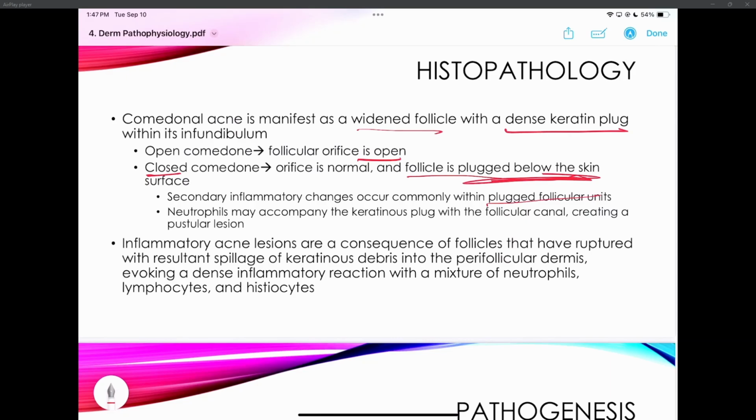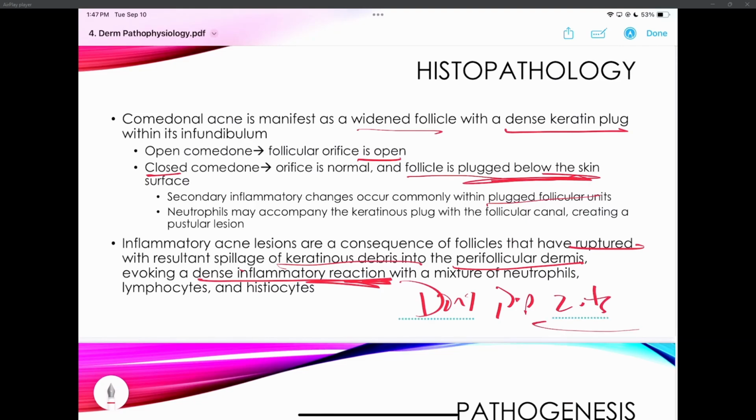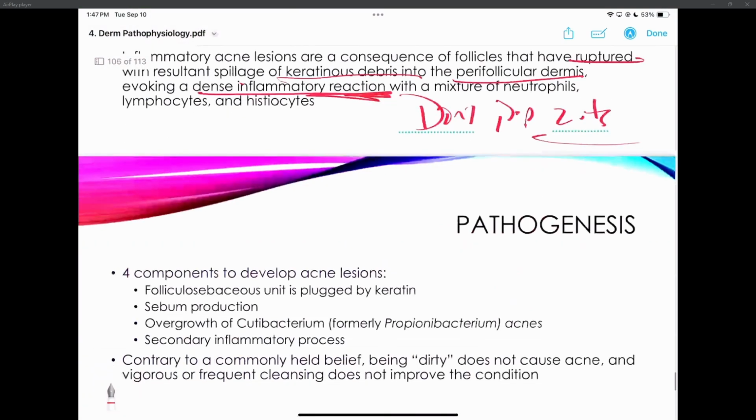Inflammatory acne lesions are a consequence of follicles that have ruptured, spilled debris into the perifollicular dermis. When that happens, dense inflammatory reaction. That's why you don't pop zits. Because when you do that, you cause an inflammatory reaction around the area, and you can spread and make the acne worse because you're causing these acute inflammatory responses every time you do that.